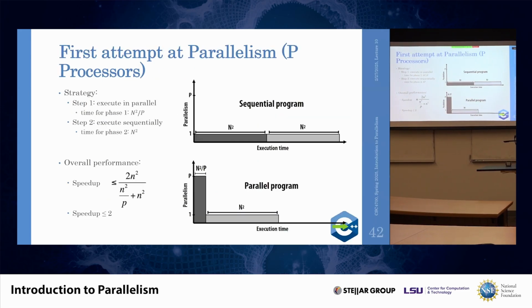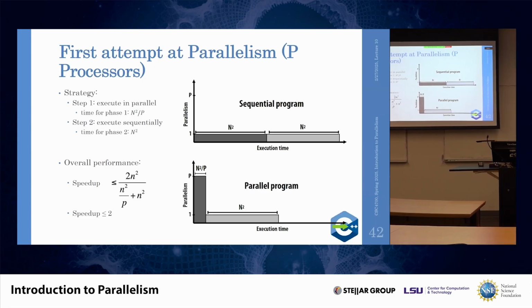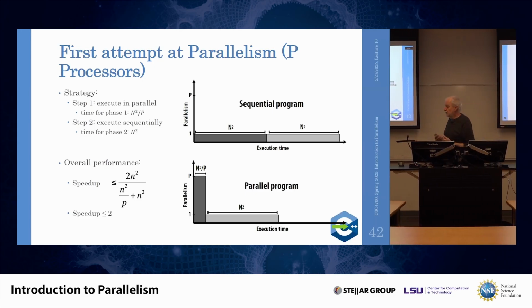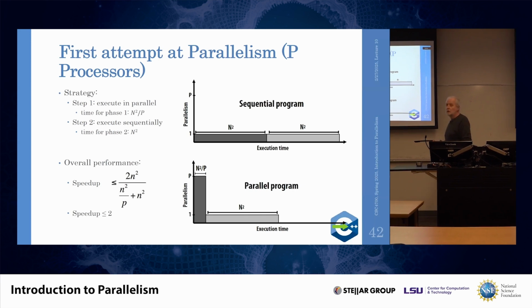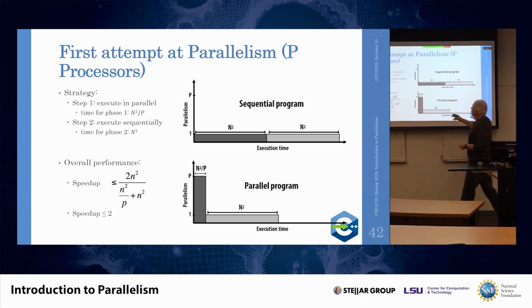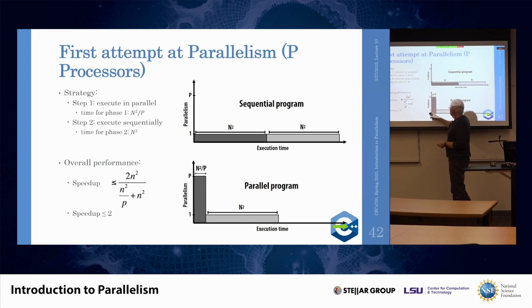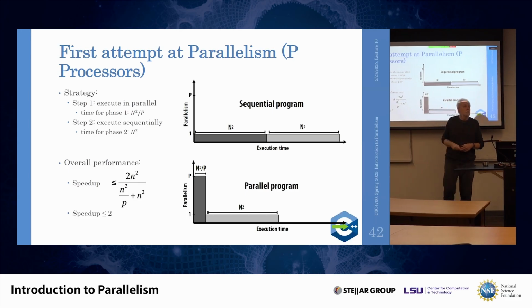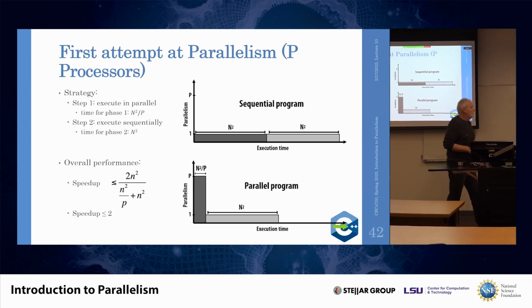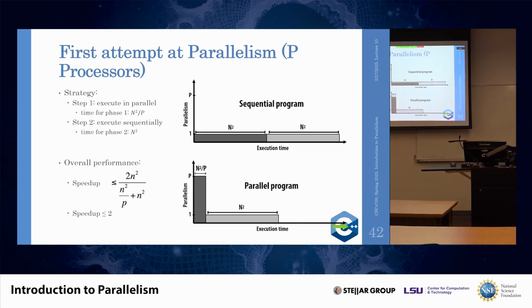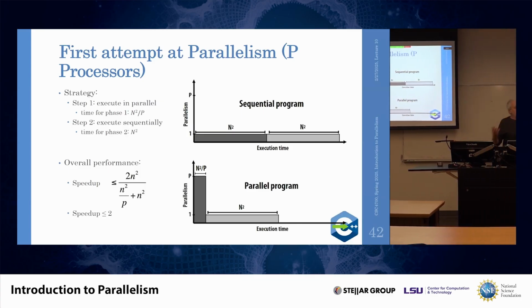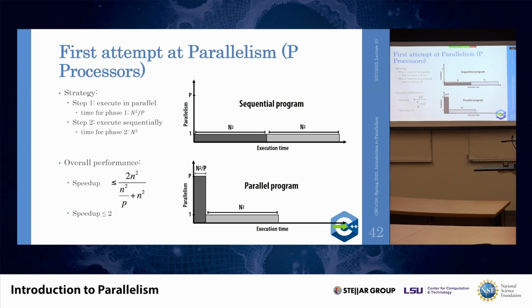If we do a parallelization strategy where we execute the multiplication of all pixels in parallel, that will reduce the time needed for the first step to n squared over p, if you have p processors. But we leave the second step, the averaging, untouched.